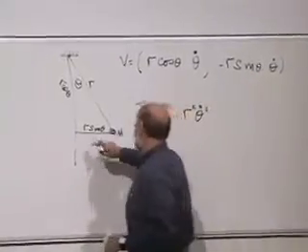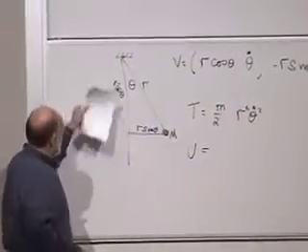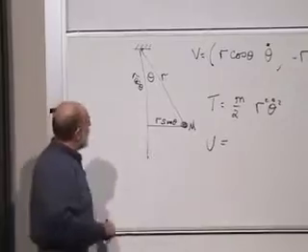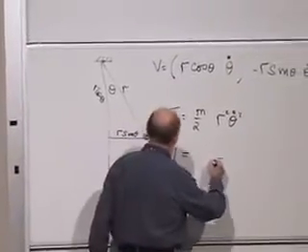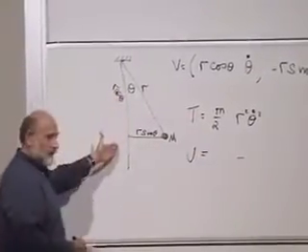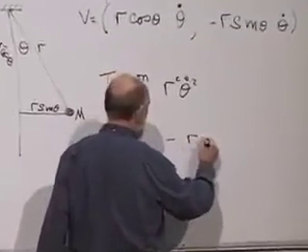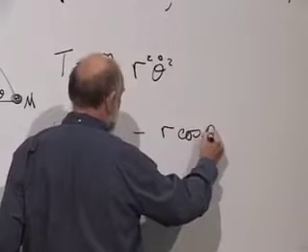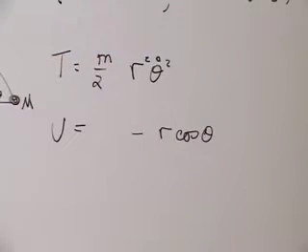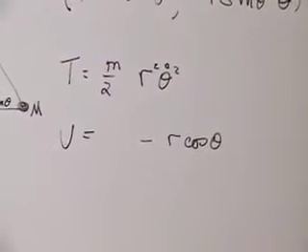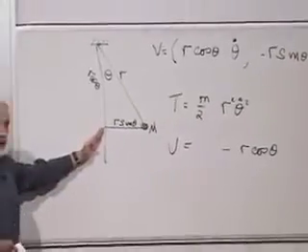And so the height of the pendulum is minus, because it's hanging down, minus r cosine of theta. When theta is 0, then the height is minus r.